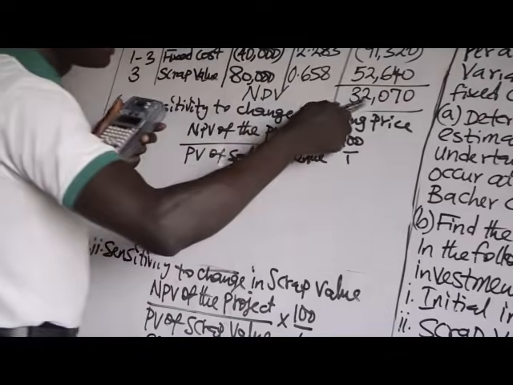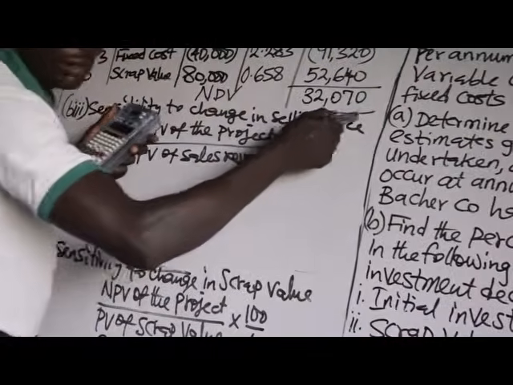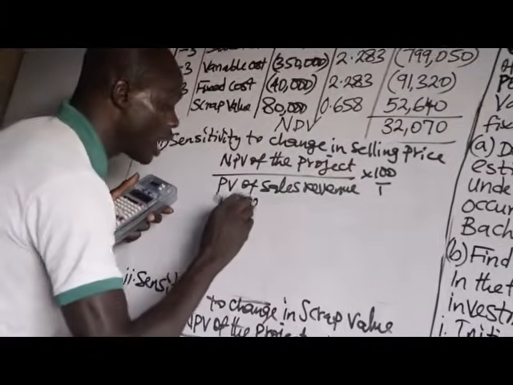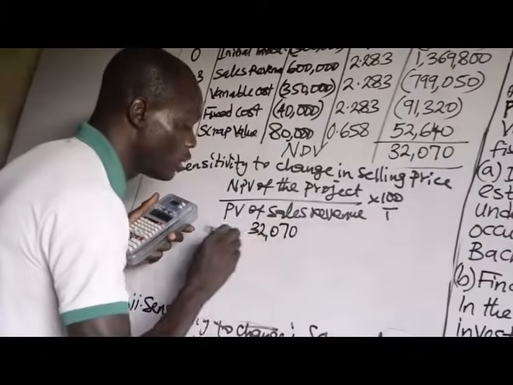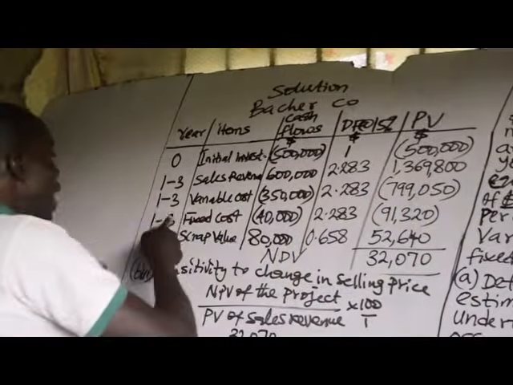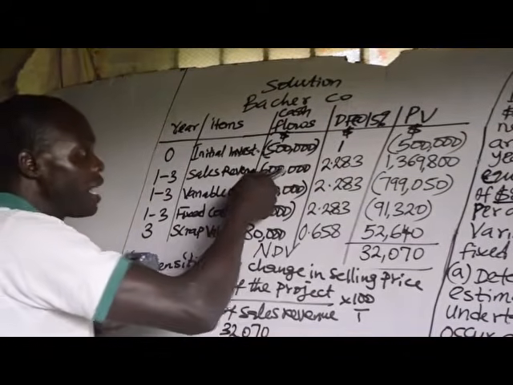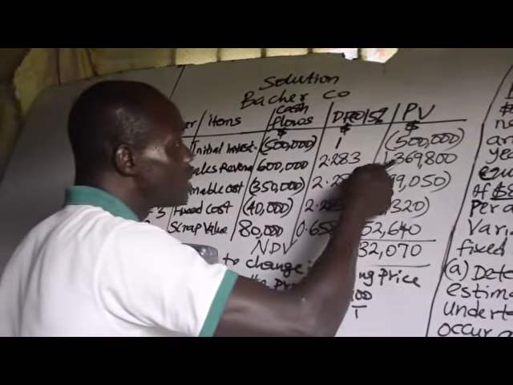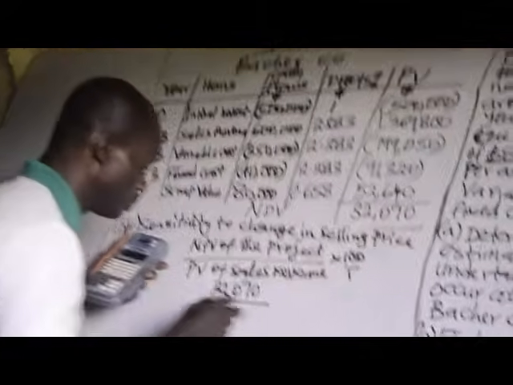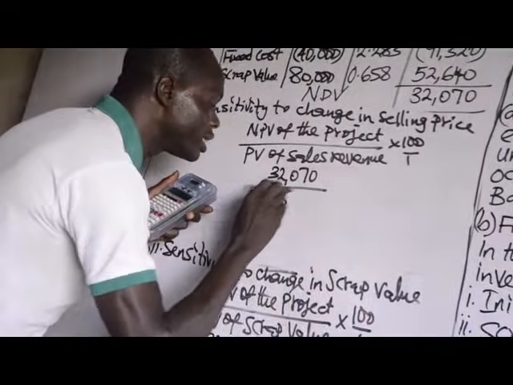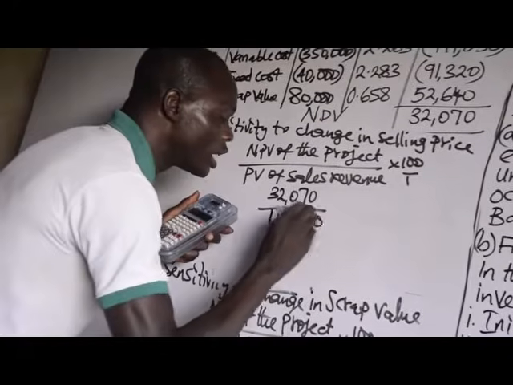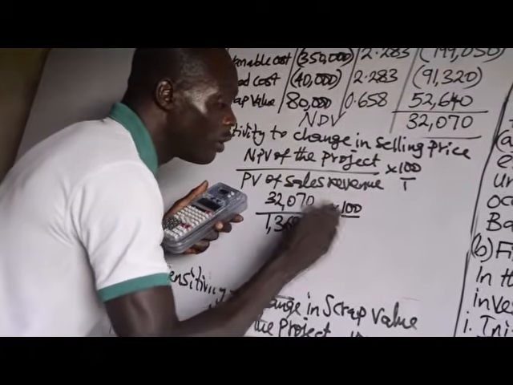The NPV of the project as calculated is 32,070 over our sales revenue. The sales revenue is 600,000. The present value of the sales revenue is 1,369,800, times 100 over 1.